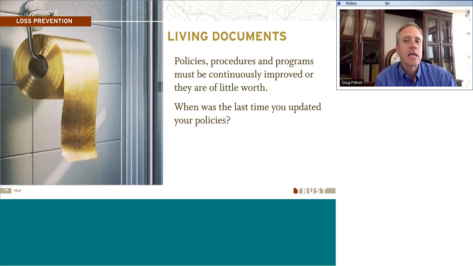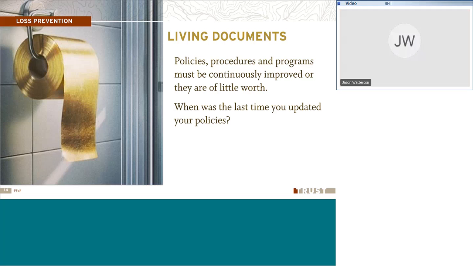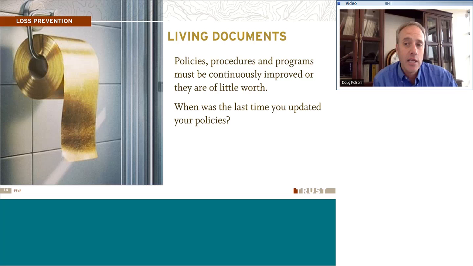When was the last time you updated your policies and procedures? Was it last year? Was it 10 years ago? Was it 20 years ago? We've seen policies and procedures that have been around for a long time. And a lot of things in those policies and procedures haven't changed. Maybe even the lion's share, you have a policy that's 20 years old, the lion's share of what's in there may be exactly the same, because our purpose today is probably the same as it was before.